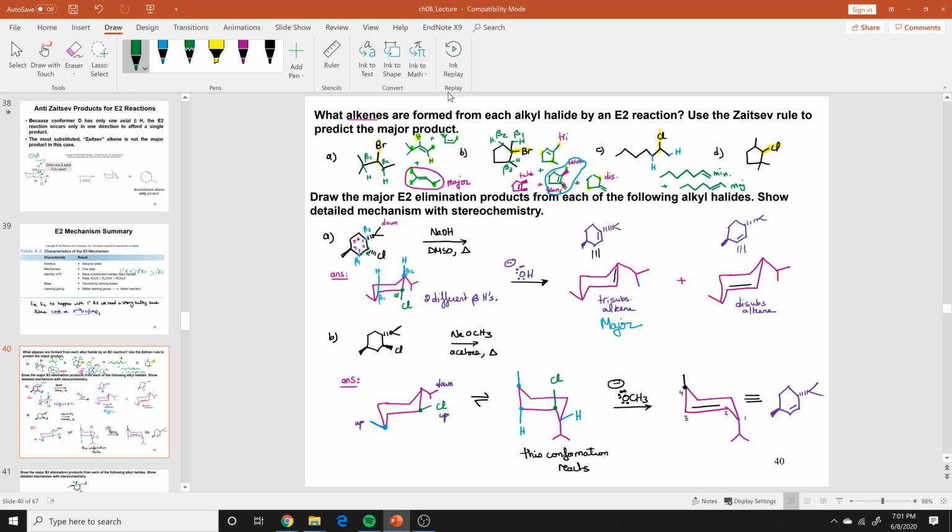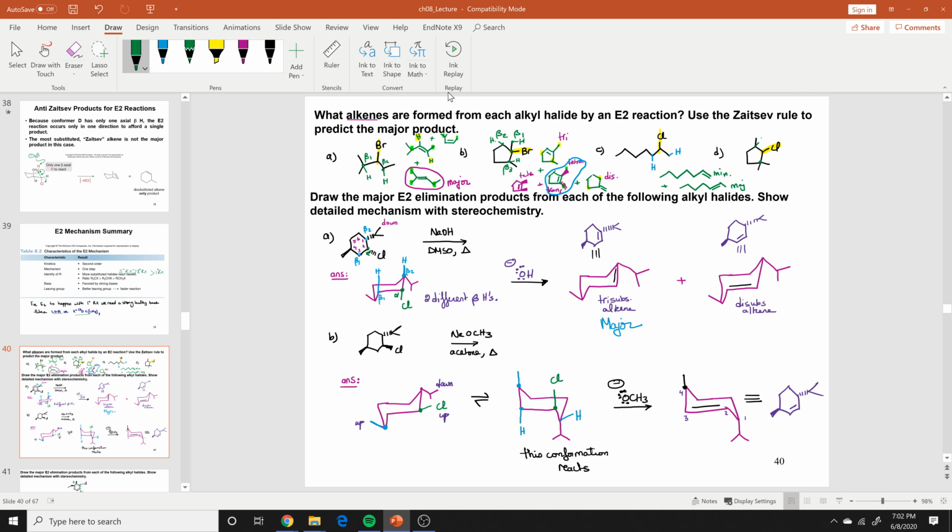With this example, my double bond can either be on the side or on the other side. I have two types of, no, actually not on the side, because here I don't have any hydrogen. I don't have any beta hydrogen. So there will be no elimination in here between this carbon and this carbon.